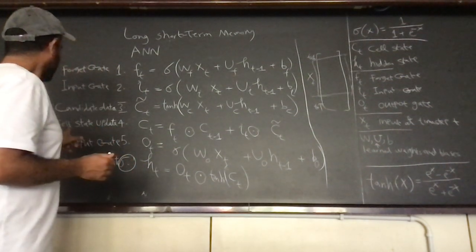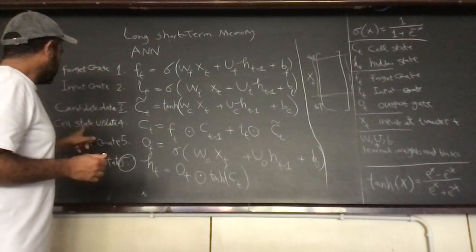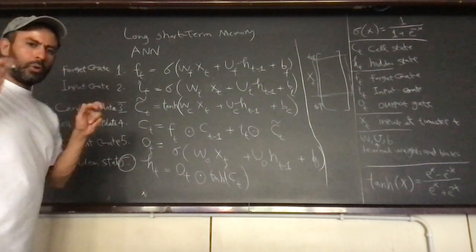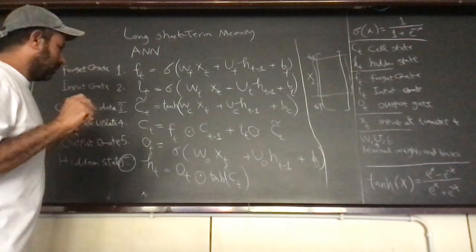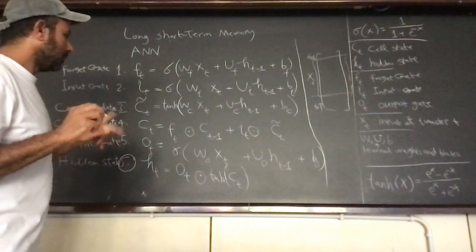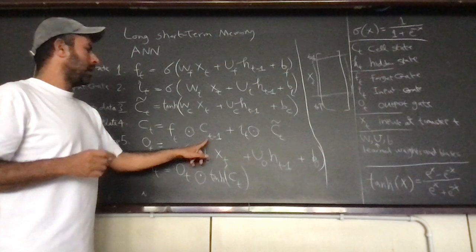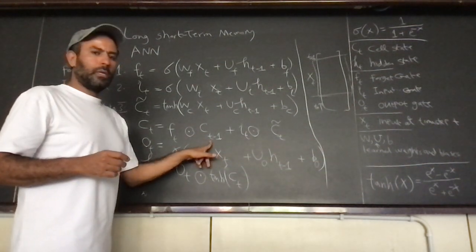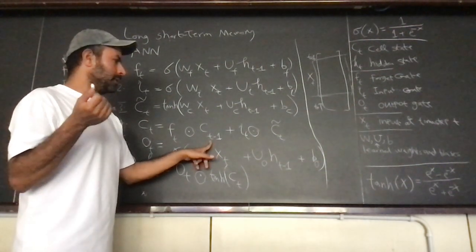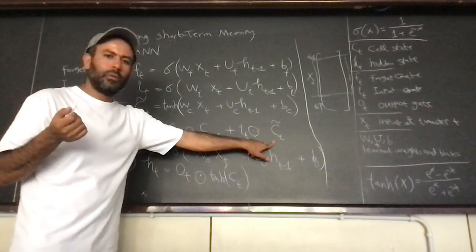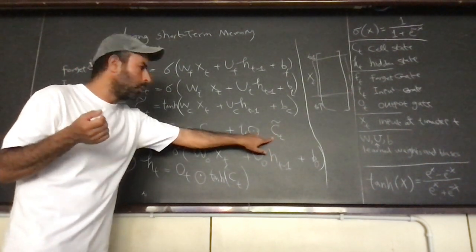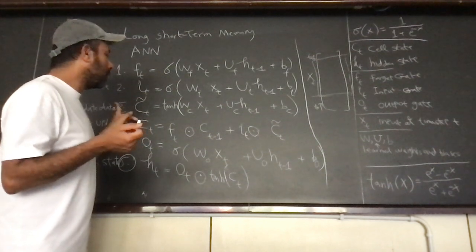Then we update the long memory. Long memory is the cell state. How to do it? It's a combination of the long memory, the cell state at the previous time step, as well as the new candidate data proposed by equation number 3.